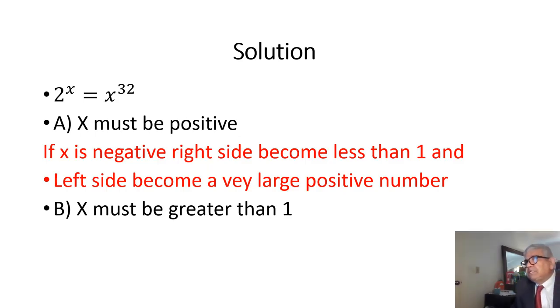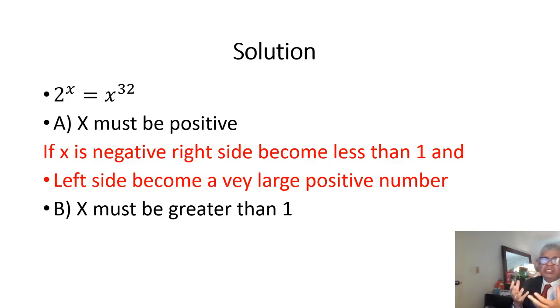x must be greater than 1. Now, even though we said it is an integer, let me tell you why it also has to be greater than 1. If it is less than 1, let's say 0.5, one of the assumptions was it is an integer, so it can't be 0.5, but even if he hadn't told us, we can bring this logic.